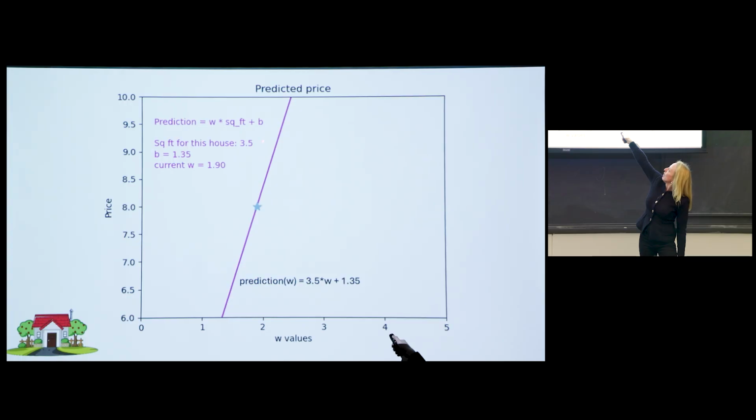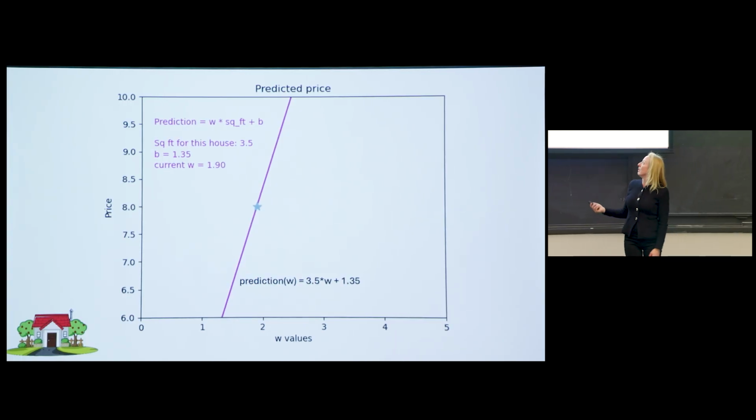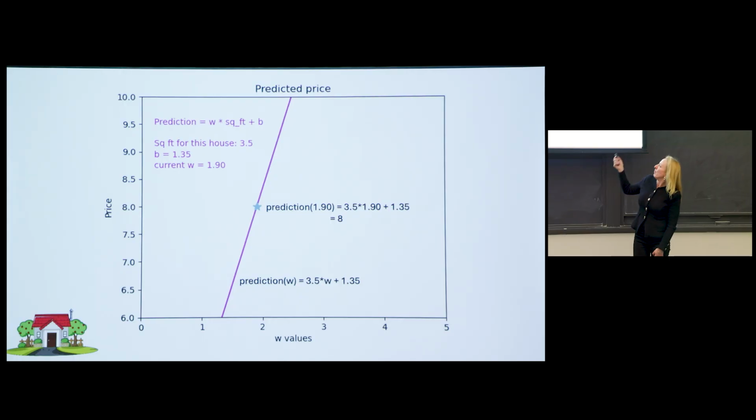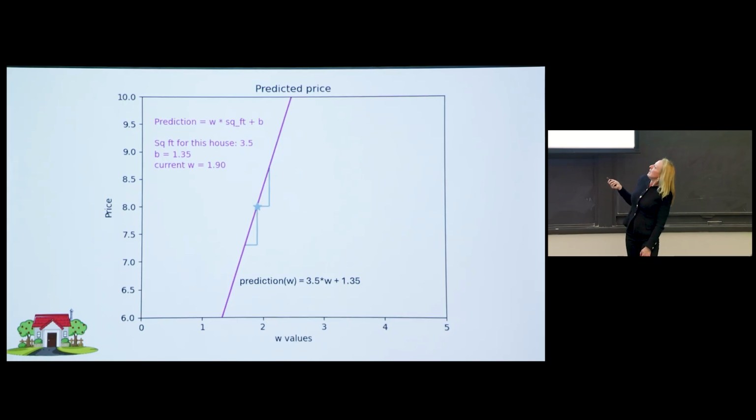Here's our b, and now this m, the slope, is 3.5. The prediction remains 8 there. So I actually know here, just from that, it's a line. I just compute mx plus b. A tiny little change in this direction is going to produce 3.5 times that change in this direction, okay?